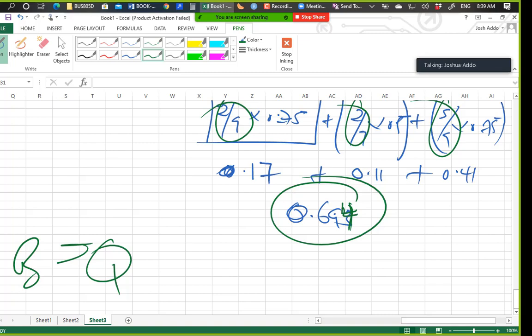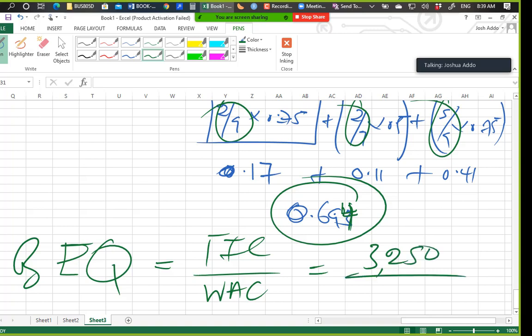The first approach, we calculated them in bags, and then we tore the bags to separate them into their categories. Please get the understanding. So break-even quantity would now be equal to the total fixed cost divided by this weighted average contribution for the mix or for the bag. And this will be 3250 divided by 0.694.